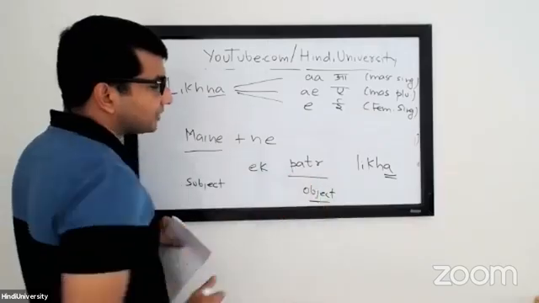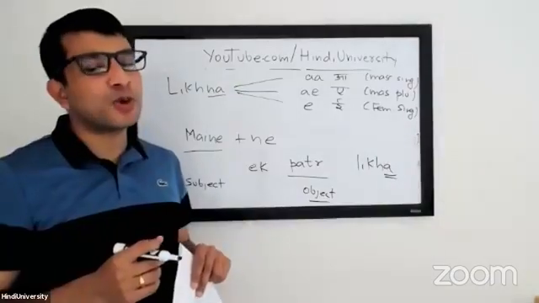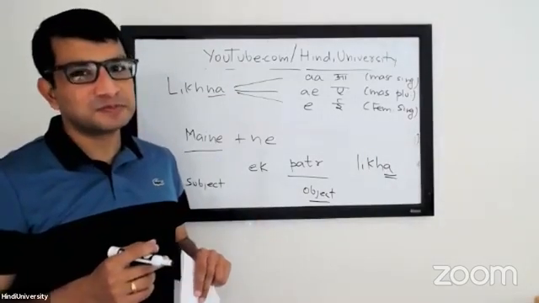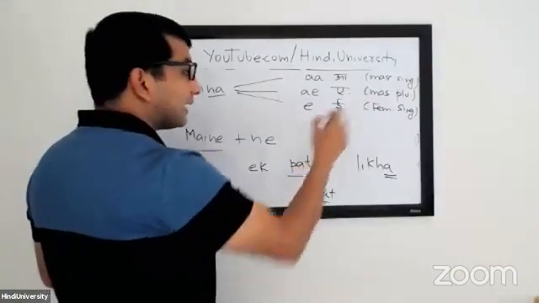Pick a feminine object. Ghana is masculine. Let's say poem. मैंने एक poem लिखी. Very good. मैंने एक poem लिखी और मैंने एक कविता लिखी.